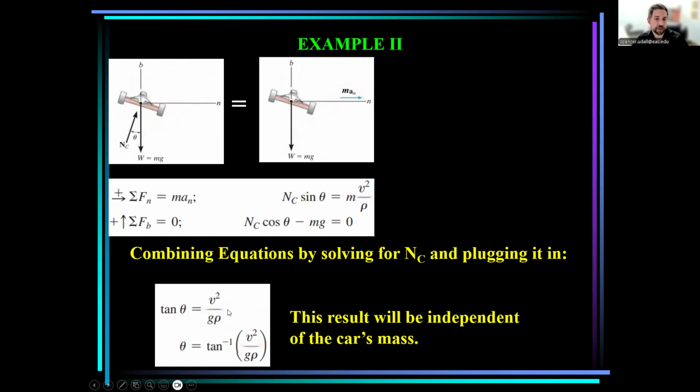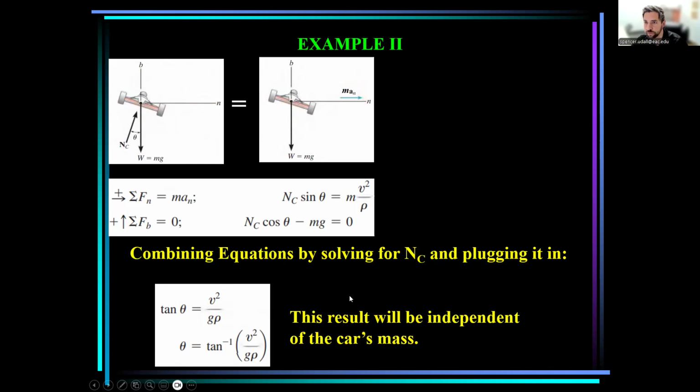So that could be our theta for any mass. What happened to the mass? It canceled out of both of those equations. So we don't need to know the mass in order to solve for a theta.